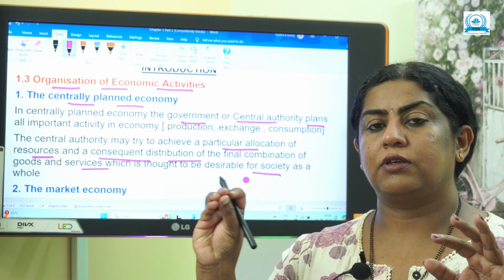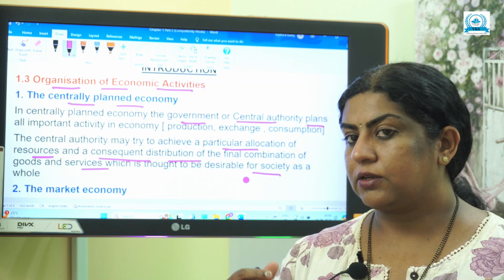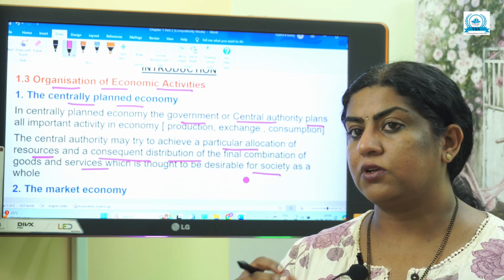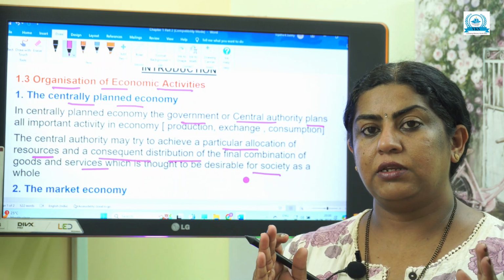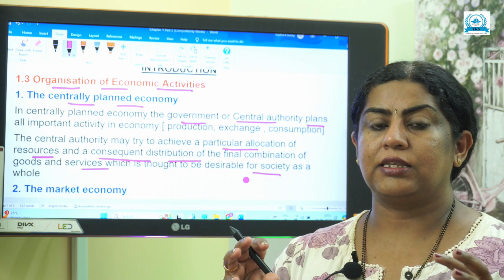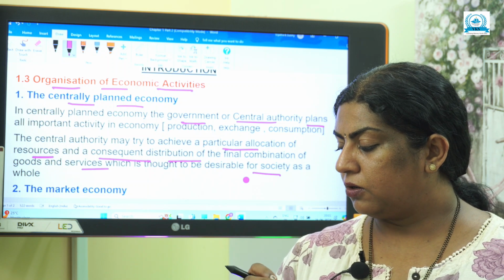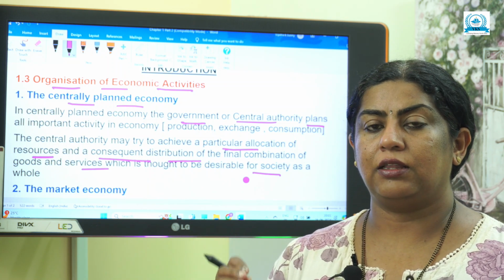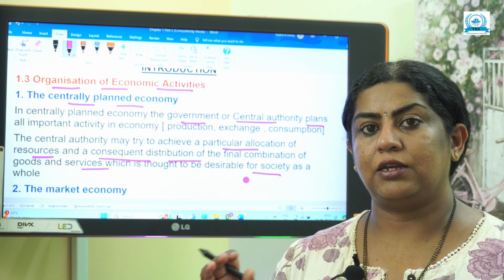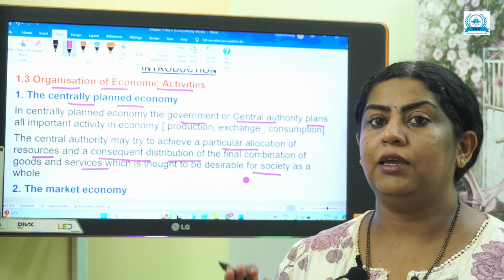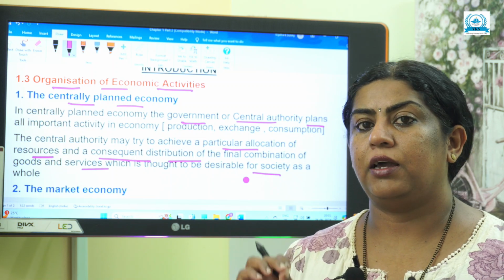How these resources should be allocated, and later how the consequent distribution of the final combination of goods and services, with the limited resources, what all goods and services are made, how they are distributed, which is thought to be desirable for the society. That distribution and that production should be desirable for the society. All these things are planned by the government or the central authority in the centrally planned economy.